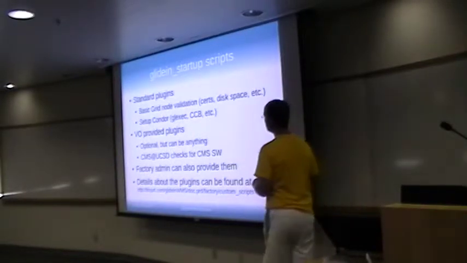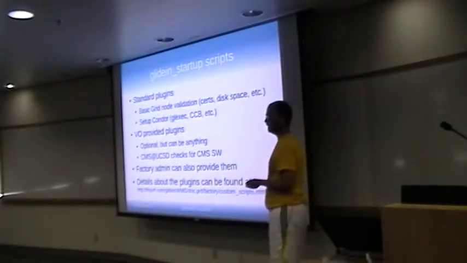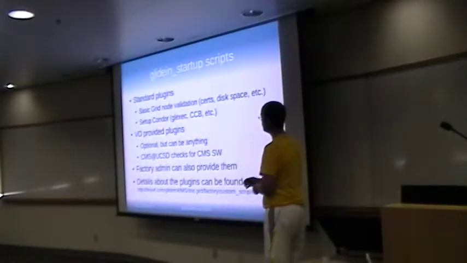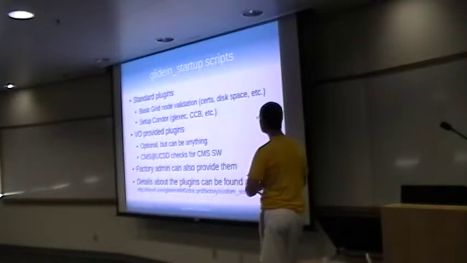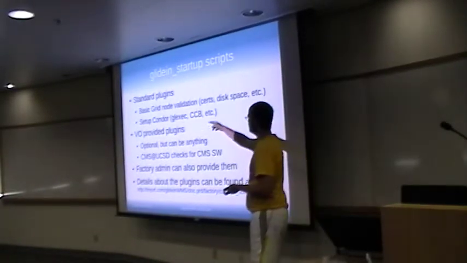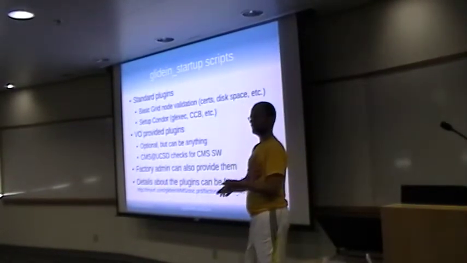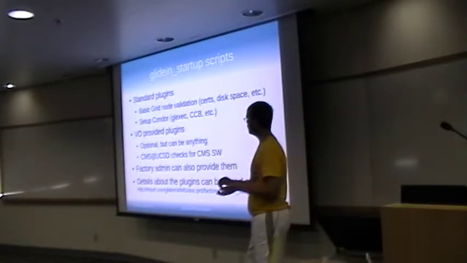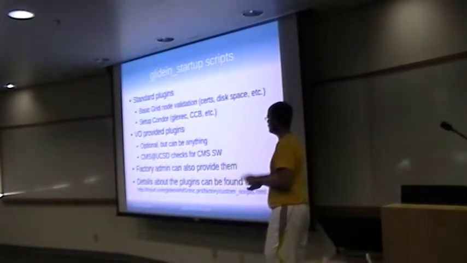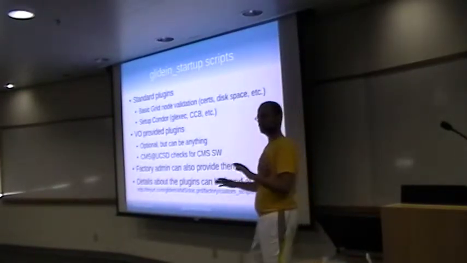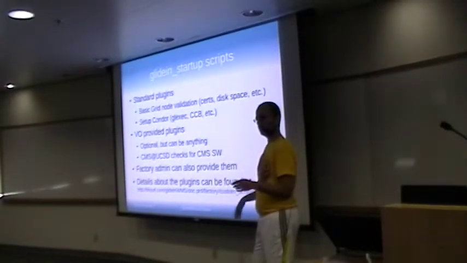So the scripts that come, as I said, there are a few standard glidein plugins that come from the factory, and this is the basic grid validation, like are the certs available, and stuff like that. It does the Condor setup, GLExec, CCB, starting Condor. But VOs can provide some plugins, completely optional. You don't have to provide any. You can run without any if you want.